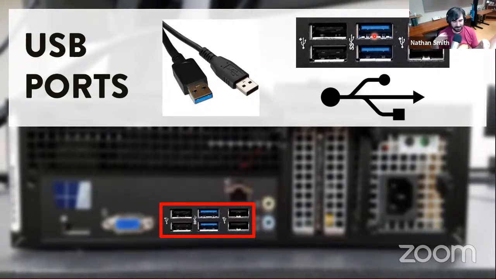So for things like a flash drive or an external hard drive or a camera, where the device is going to be sending your computer a lot of information, you'll want to try and use one of these ports if you can.